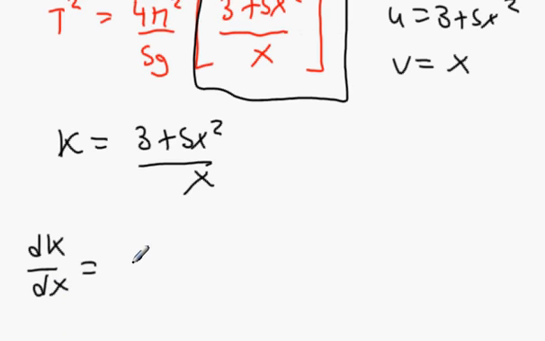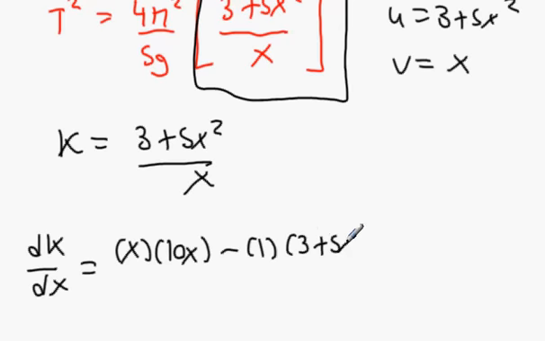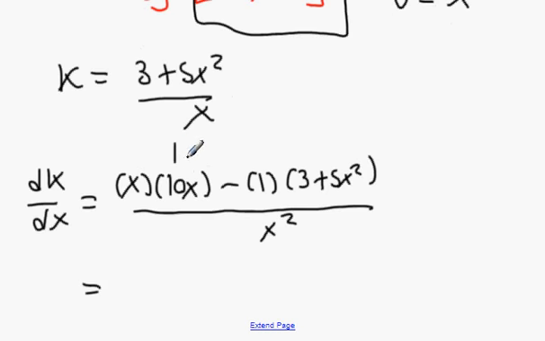What we're going to get is x times 10x minus 1 times 3 plus 5x squared, all over x squared. Put it in, we're going to get 10x squared minus 3 plus 5, minus 5x squared. And we're going to get 5x squared minus 3.